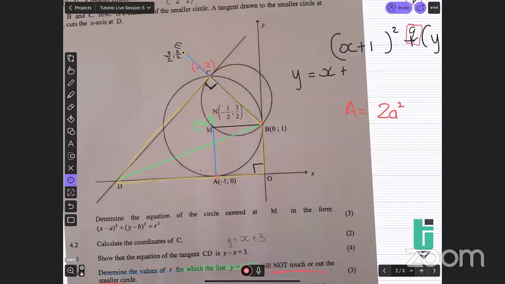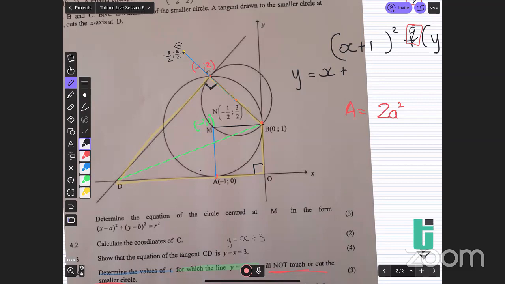So what's the area of the first triangle? Come, guys. I want to finish all the questions. How do we work out the area of the triangle? Half base times height.